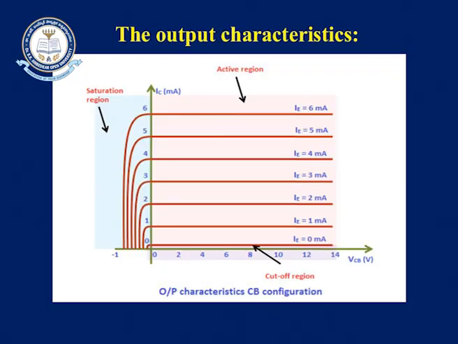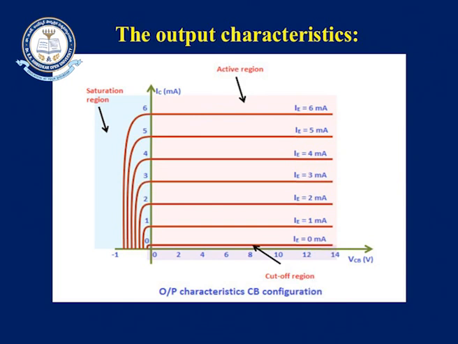What is the active region, what is the saturation region, what is the cutoff region? In the active region, from the image, VCB is increasing and IC is increasing, and we get flat curves. Just observe the image: for different values of IE, the lines are very flat. So, the region on the positive axis side we treat as the active region. The next one is the saturation region.